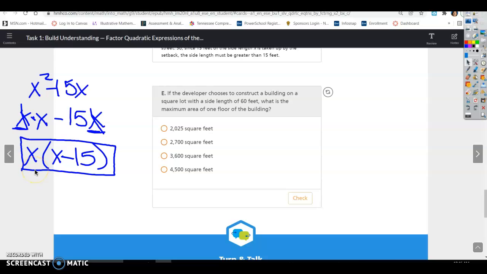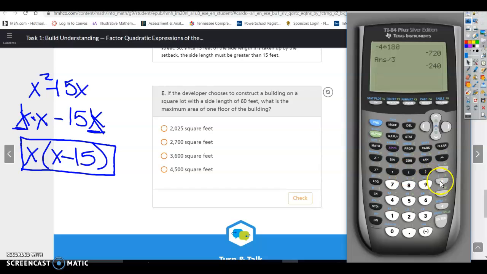You can use factored form or standard form. So let's see what happens if we plug in 60 here. So we're going to have 60 squared minus 15 times 60.